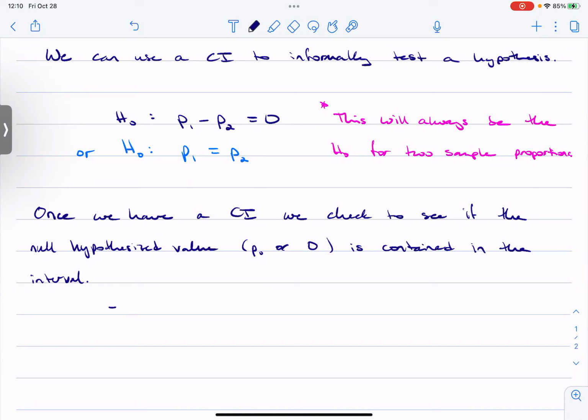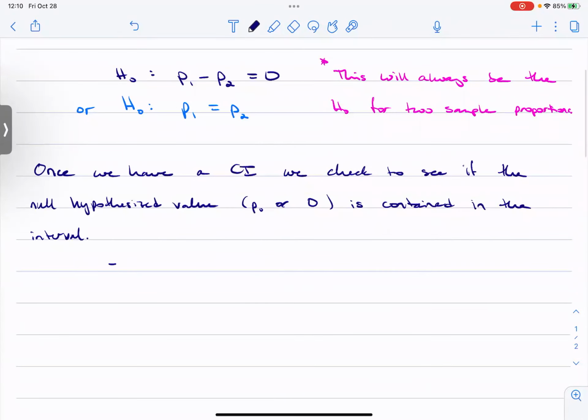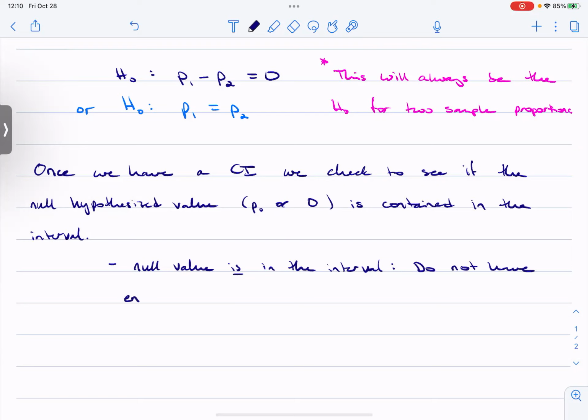If it is, right, if the null value is in the interval, then you do not have enough evidence to reject H naught.